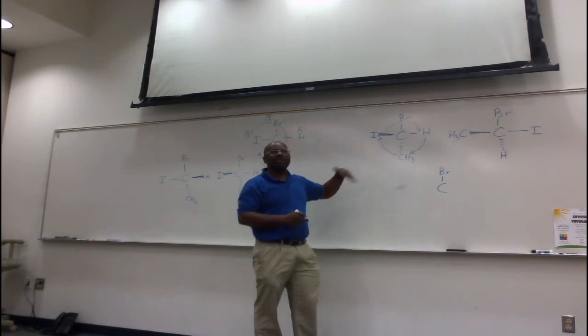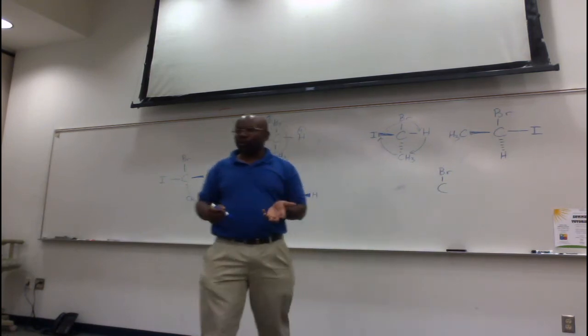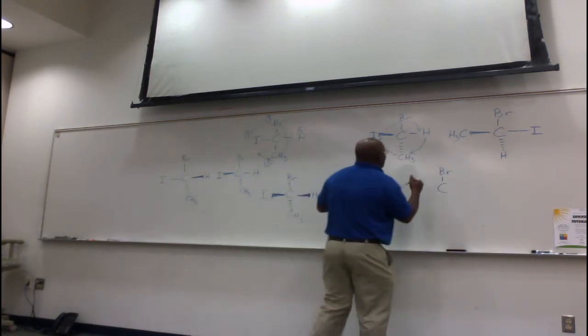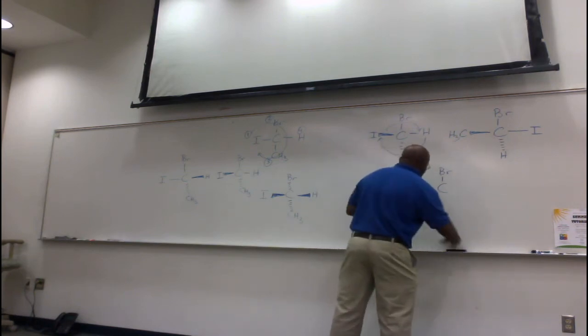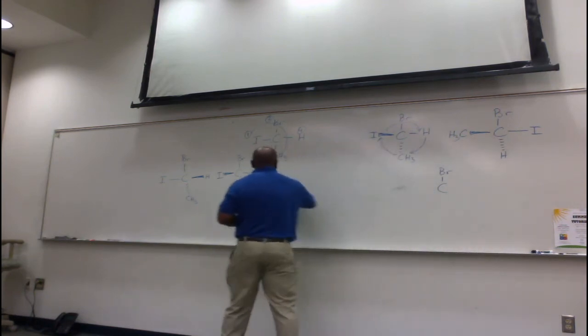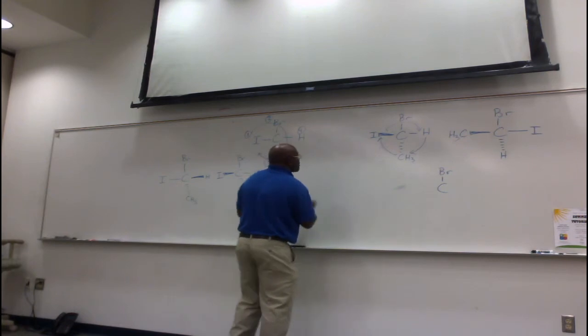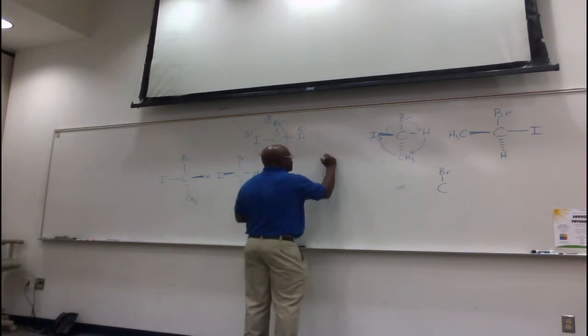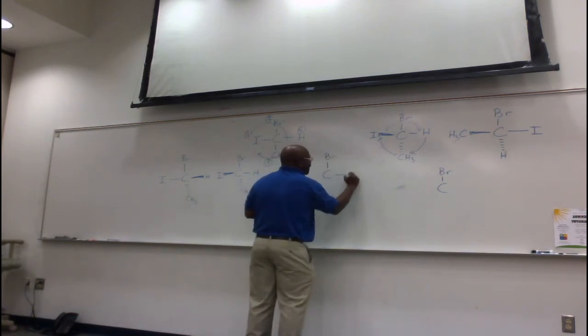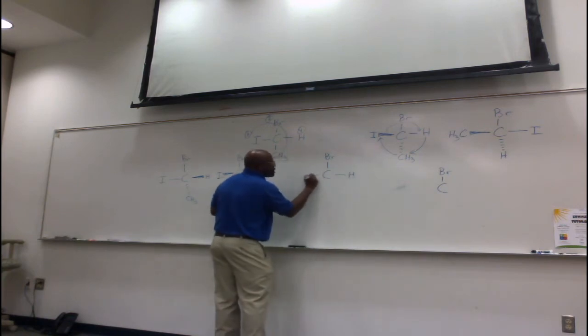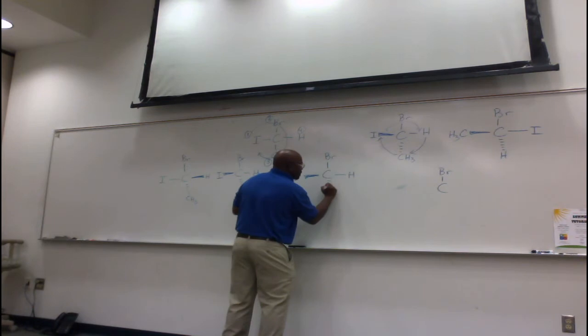Equally, let's say somebody wanted to leave it forward. I'm going to do the same molecule. I've got C, Br, my H, a solid wedge I, and a dotted line CH3.